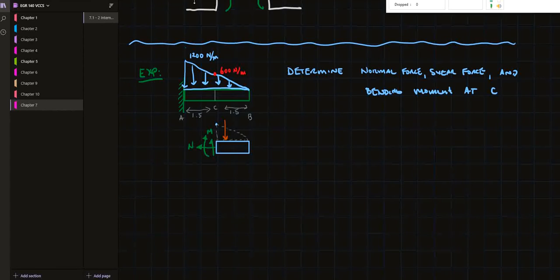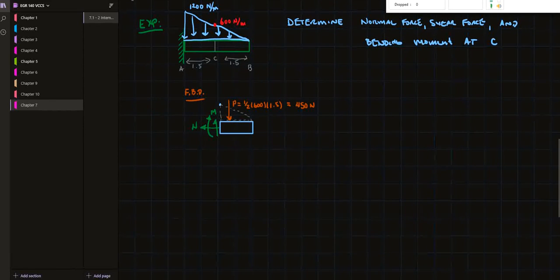So I'll call this P equals 1/2 times 600 times the width of 1.5, and that's going to be 1/2 of 600 is 300 times 1.5 is 450 newtons. Concentrated force. And that's my free body diagram.